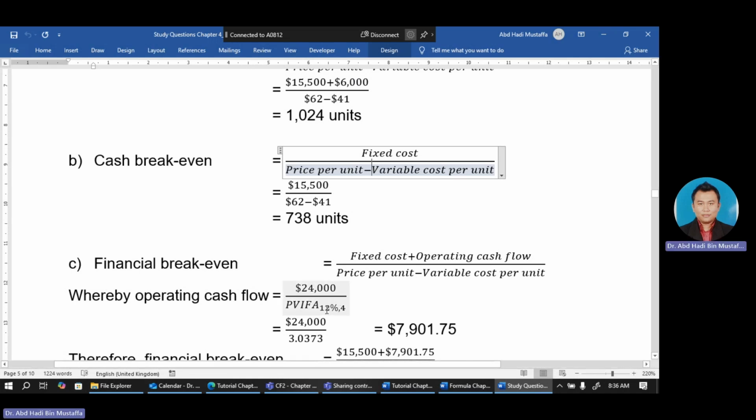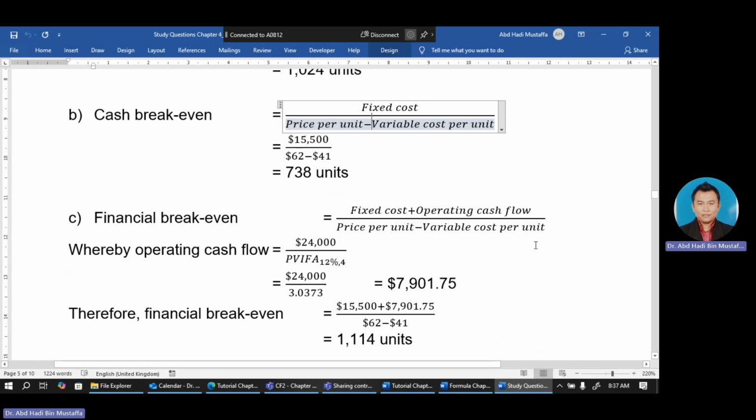So go back to the PVIFA table in the appendix, and then you can find 12% and 4. This is the value. I hope that you still remember how to read the PVIFA table. If you miss some part, let me know so I can scroll up again.